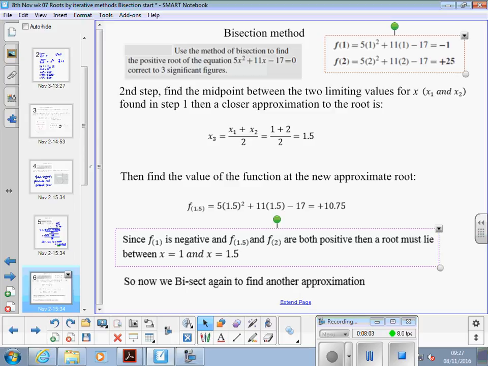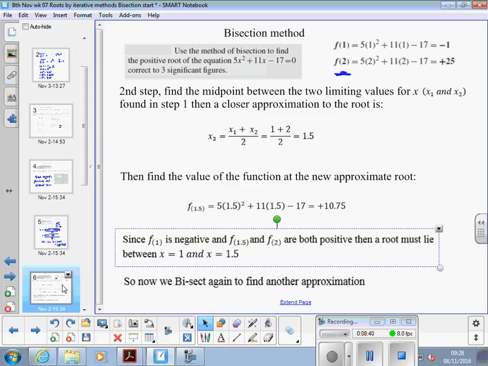The second step of the bisection method is to find the midpoint between the two limiting values for x. We're calling them here x1 and x2. You simply add those two values together, 1 and 2 in this case, and halve them, to end up with a closer approximation to the root. We then use the functional notation to find out whether we've changed sign.